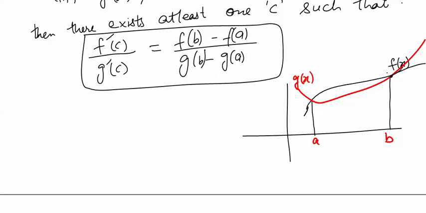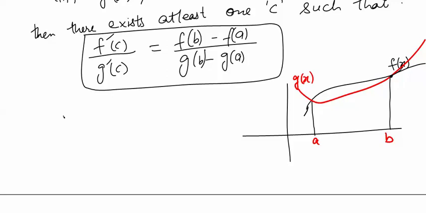Right. If you had observed only f(x), only the black part, you would have seen f'(c). There exists one c, f(b) minus f(a) upon b minus a, isn't it? Right. Between a and b. And similarly, you would have said that g(b) minus g(a) will be the same thing. Correct. So in that particular case, b minus a from the denominator would have been cancelled.